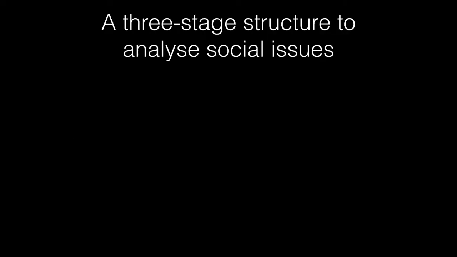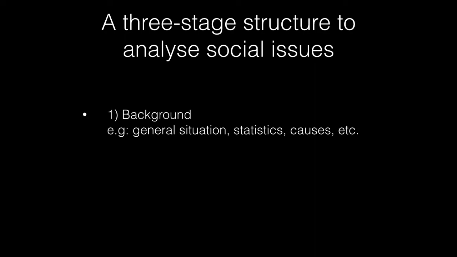Okay, so for the three-stage structure, we have background, and there are a lot of things that can construct the background part. For example, a general situation of a social issue, or also some statistics to illustrate how increasingly prevalent or increasingly serious that specific social issue is, and maybe causes.